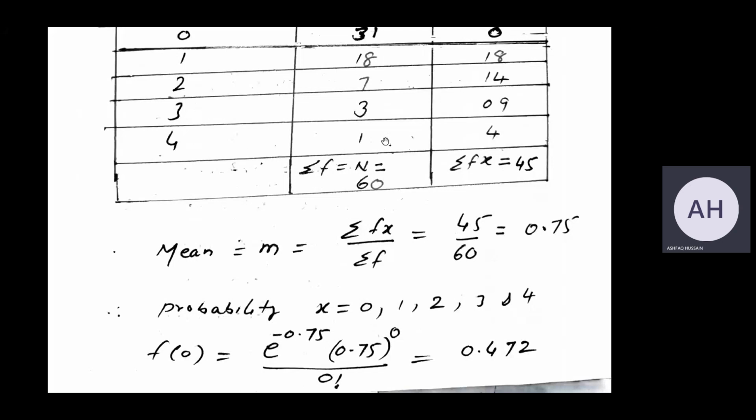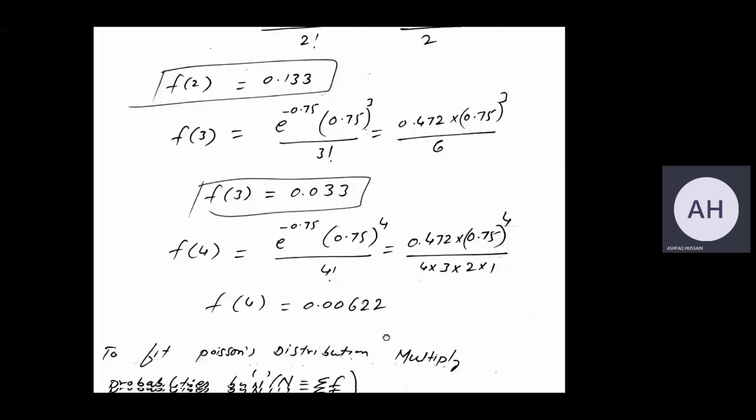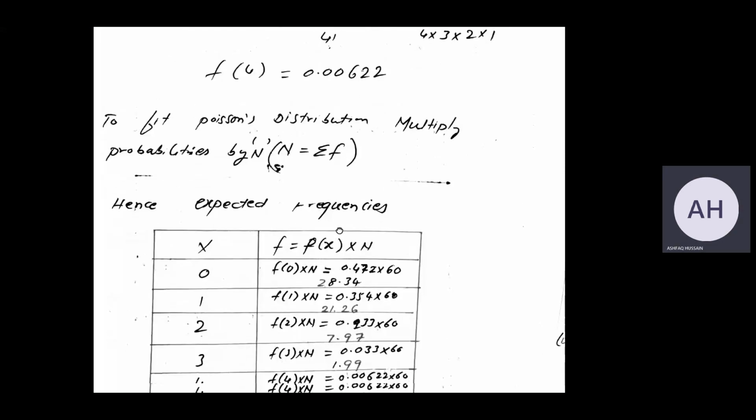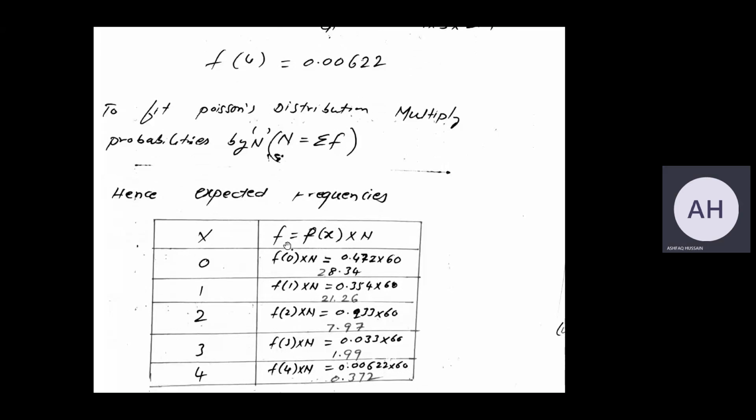By putting all the values, you need to create one more table. To draw the Poisson distribution, you multiply the probabilities by n.